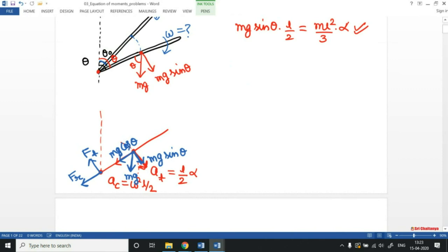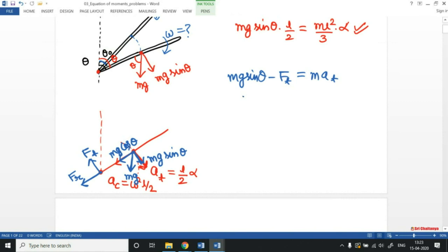So writing the equation of force along the radial and tangential directions, along the tangential direction it would be mg sine theta minus ft is equal to m times at.